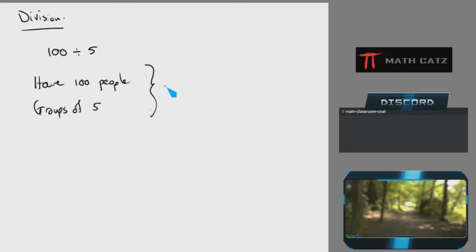Then I could ask a couple of questions. One question is, how many groups are there? And the calculation to determine that is exactly 100 divided by 5. I can also ask a different question that results in the same calculation.